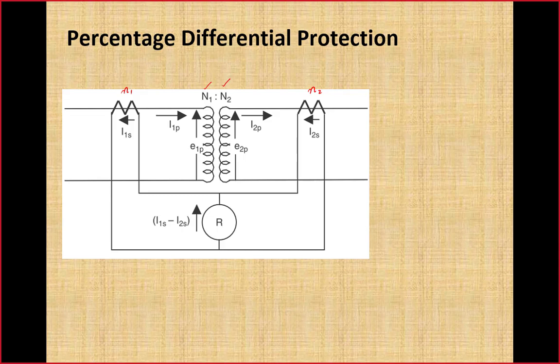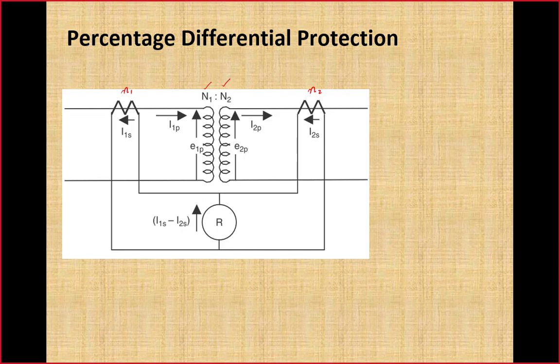Then for these currents, we are using double subscript. The first subscript 1 and 2 describes whether this current is on the winding 1 or winding 2 side of the main transformer, and the second subscript, that is P or S, describes whether it is on the primary side or the secondary side of the CT.